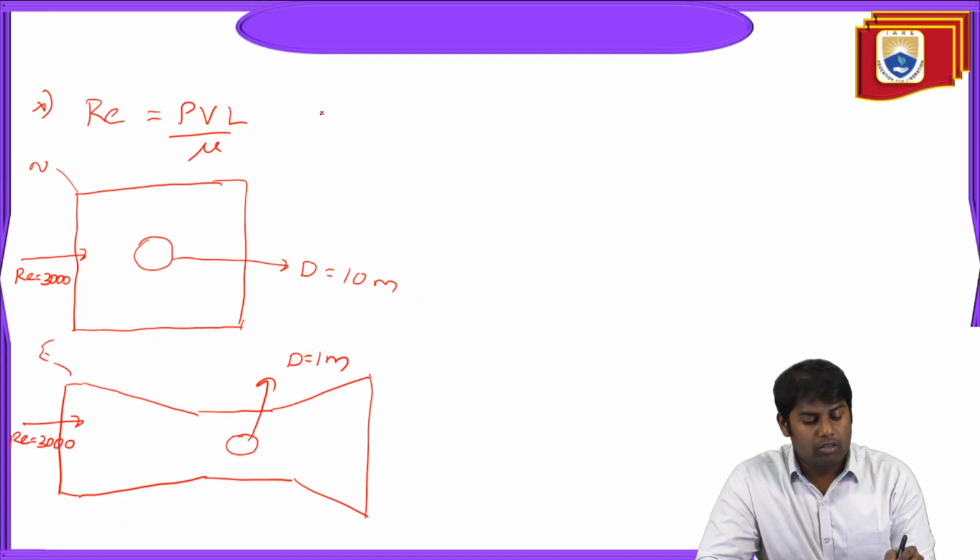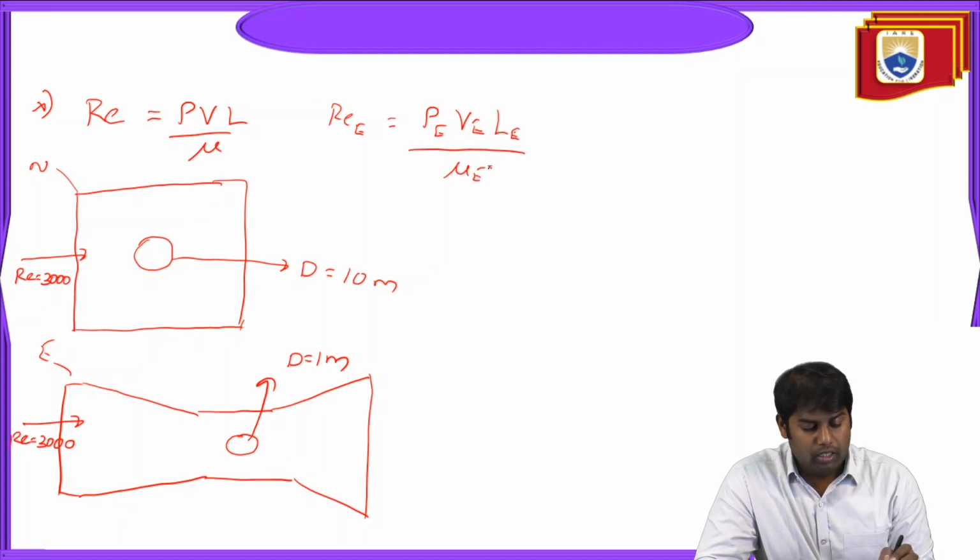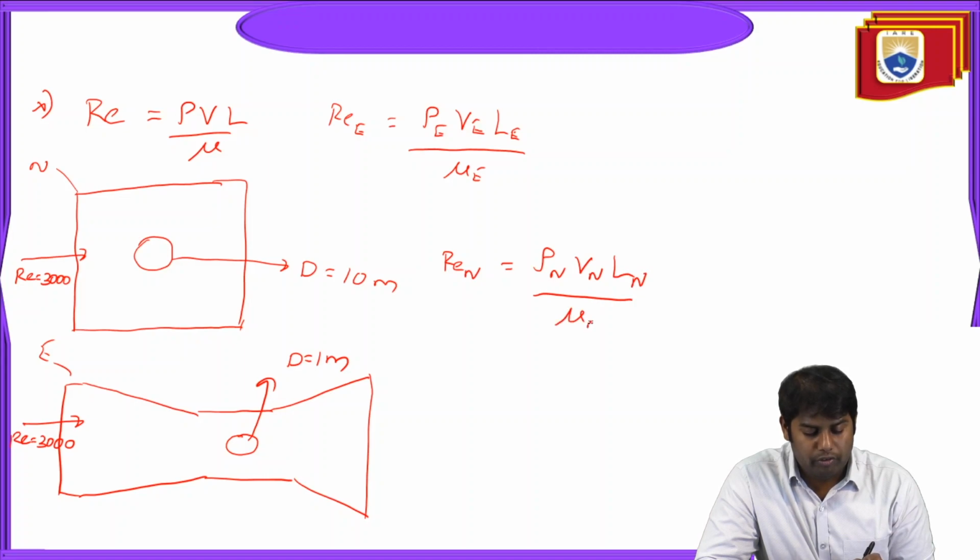Let's say Re of experimental is equal to rho of experimental, V of experimental, the reference length or diameter of the experimental, divided by mu of experimental. Next, Re of numerical is rho of numerical, velocity of numerical, reference length of numerical, divided by mu of numerical.